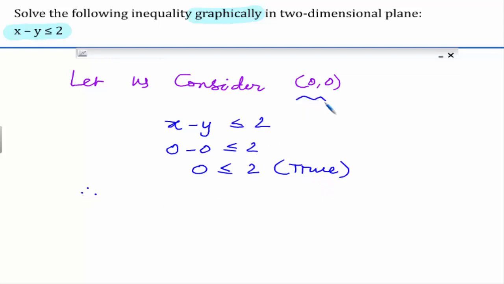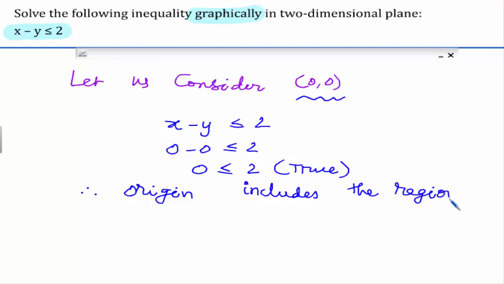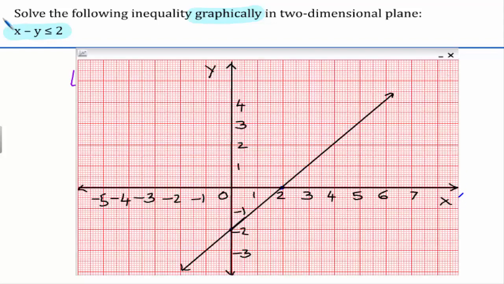So therefore the point which we have selected, which is origin, includes the region. So that means we have to draw the arrow marks towards the origin.